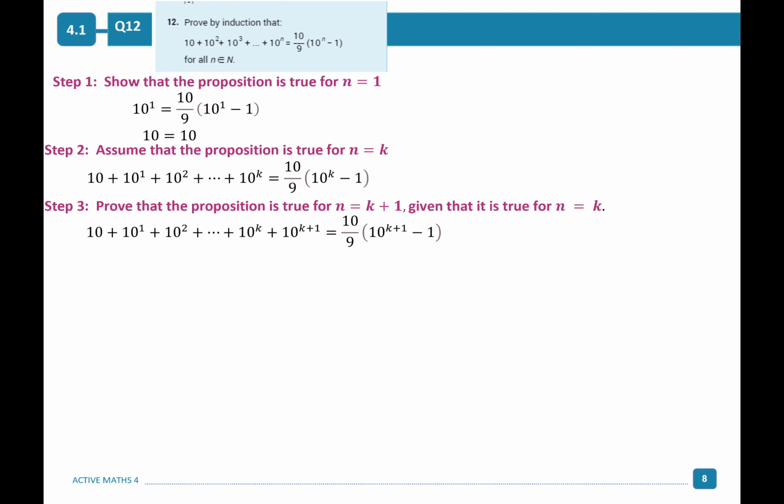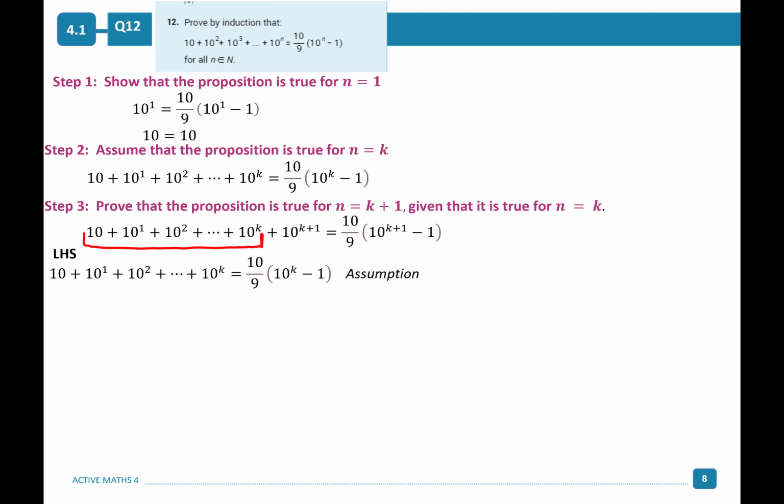So how are we going to do that? We are going to simplify our left-hand side and simplify our right-hand side and show that we get the same thing on both sides. Let's start with our left-hand side. Well, we know from step 2 that 10 plus 10 to the power of 1 plus 10 squared up to 10 to the power of k is equal to 10 over 9 times 10 to the power of k minus 1.